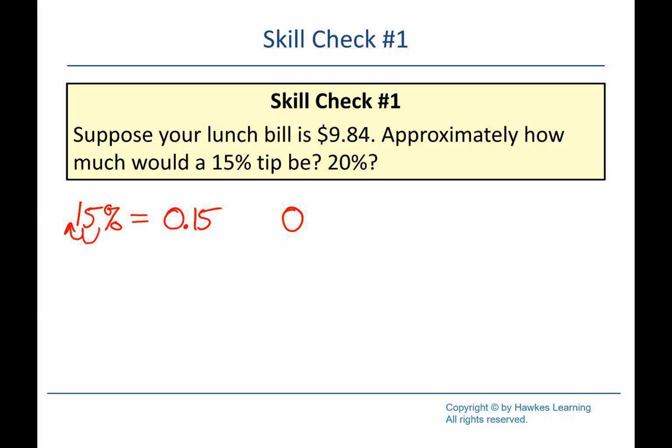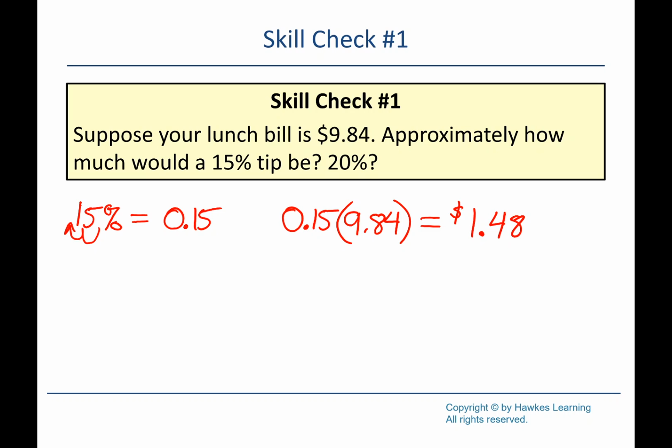So we could do 0.15 times $9.84. That'll tell us our 15% tip. Let's see how far off we were with the mental math. So 0.15 times 9.84. If you round to the nearest cent, that's $1.48.